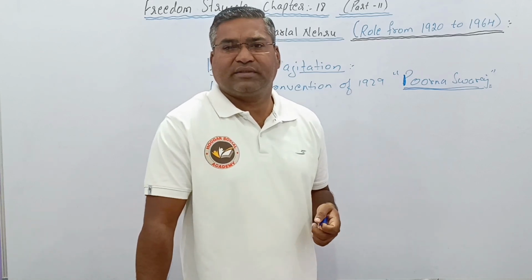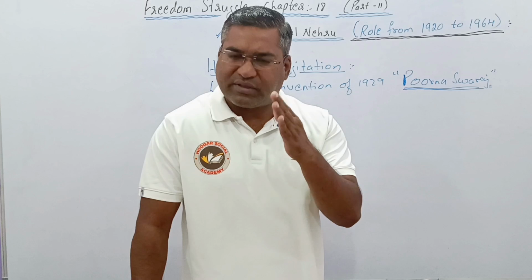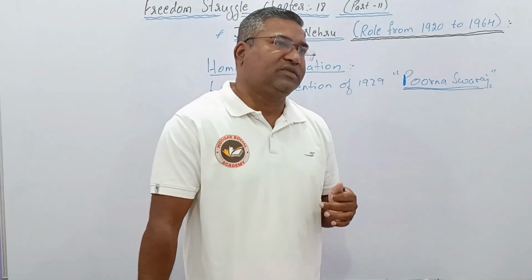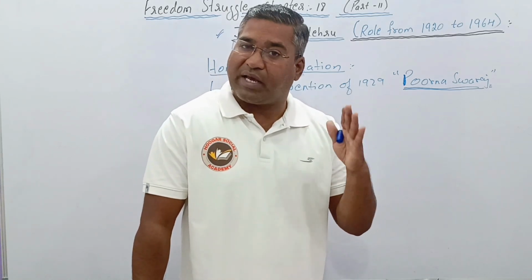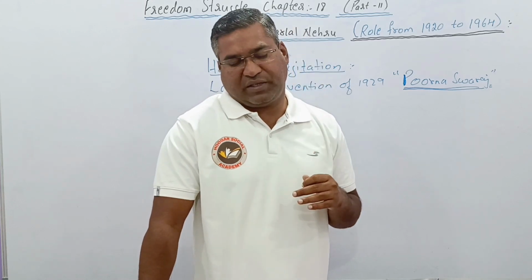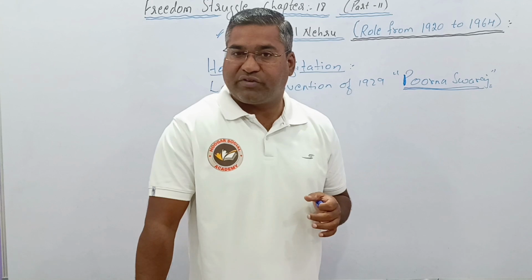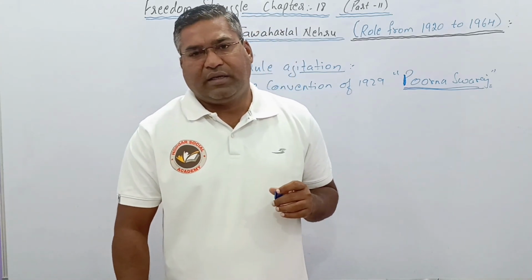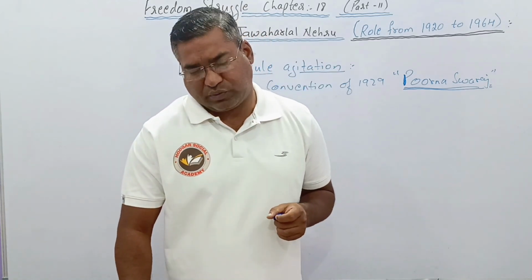But in a later period, when Jawaharlal Nehru came in contact with Gandhiji, he showed his soft approach. On the path of Gandhiji, he followed the democracy line. On which line? On the democracy line.